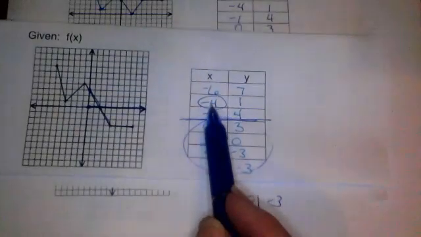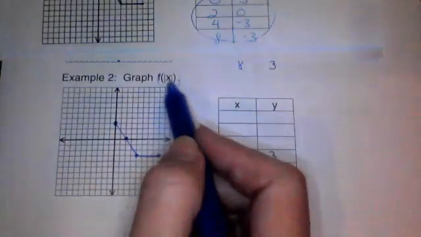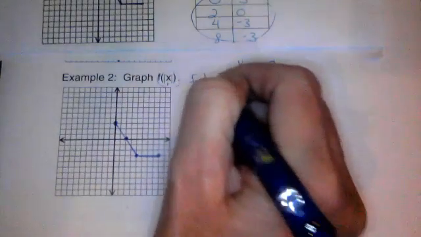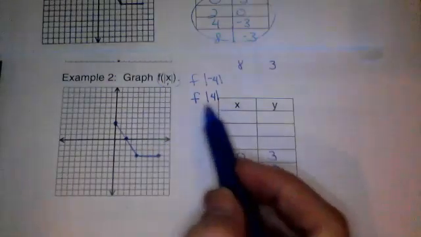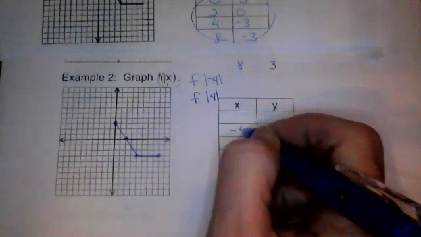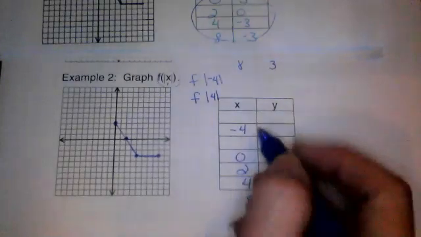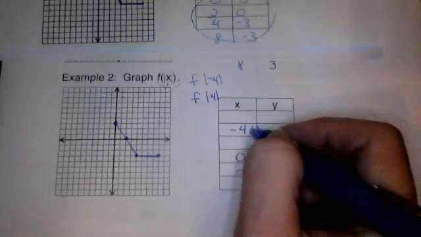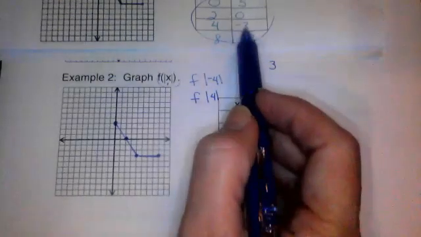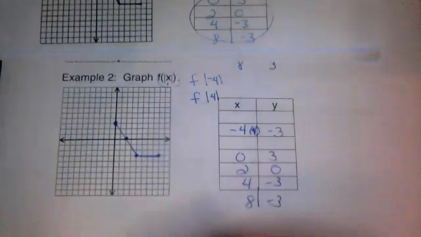Before I actually do anything with that value, I want to take the absolute value of -4. So it's really f of +4. And if it's f of +4, when I put in -4, it actually is acting as if a +4 were being put in there. Then a +4 gives me an output of -3.